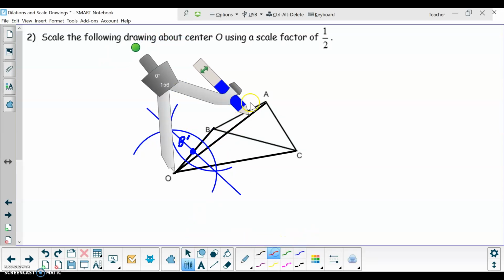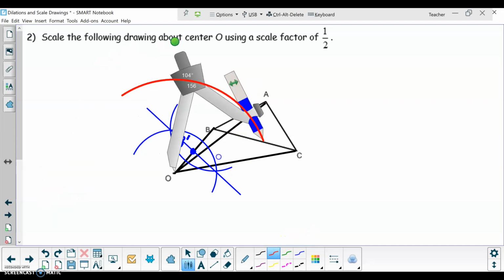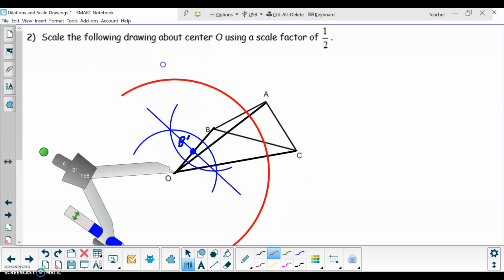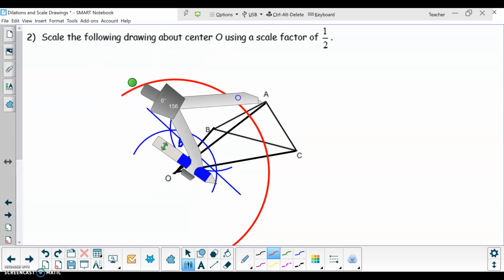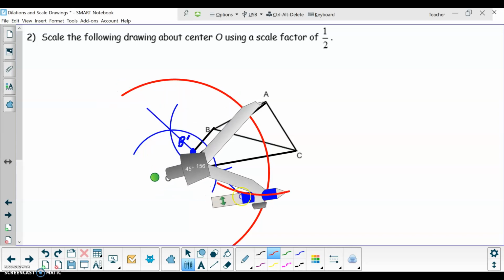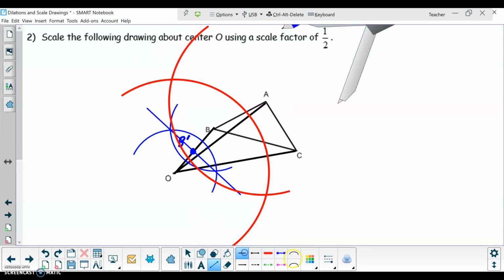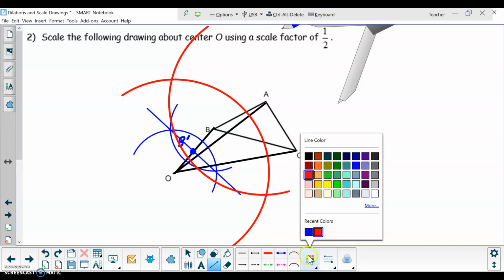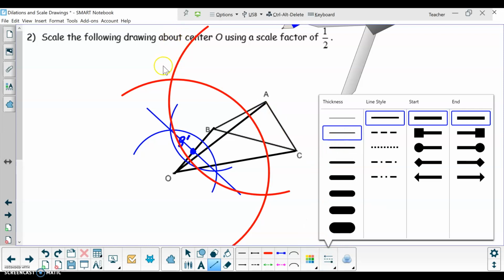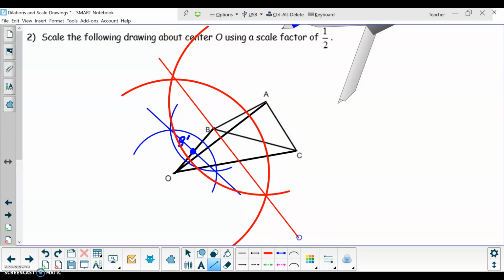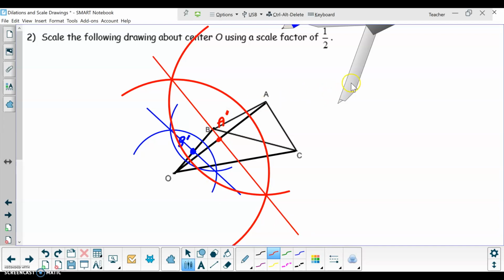And now I'm going to bisect OA. Okay, so that point's A prime.